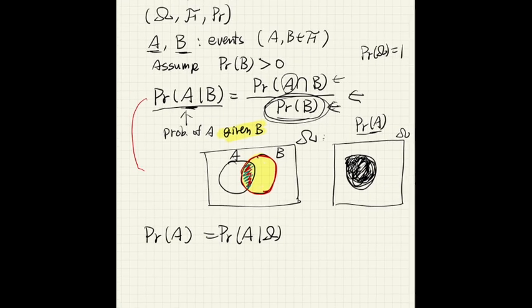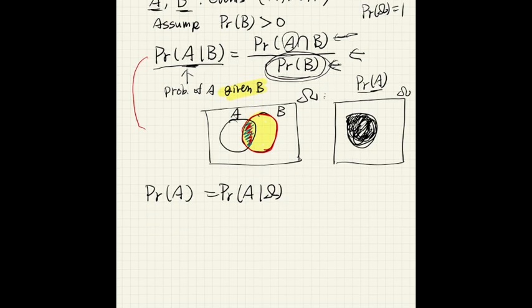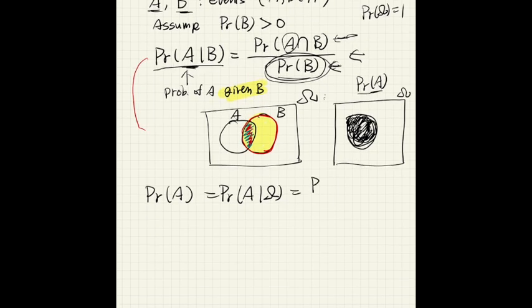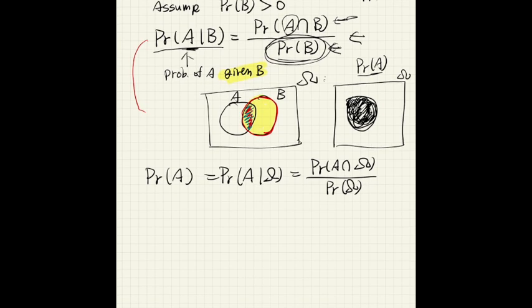So according to this definition, this is the probability of A intersection omega divided by the probability of omega. Of course, according to the axiom of probability, this part is 1, and any event is necessarily a subset of omega.